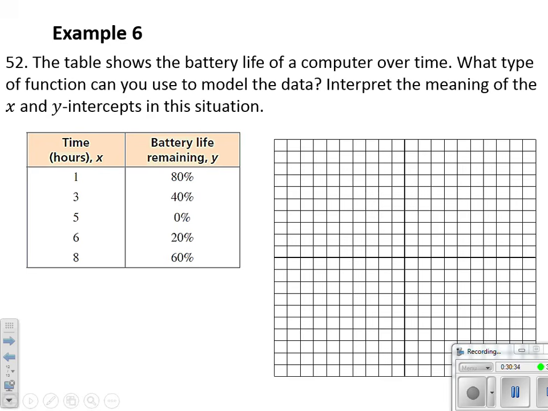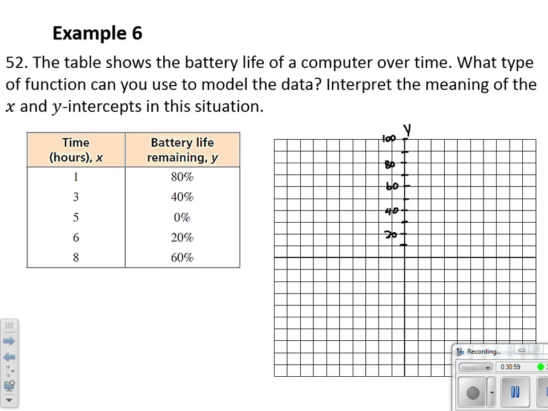All right, so let's set up our axes. I've got my y-axis that measures the battery life remaining, and it's going from, I see 80% and 0% down there. So I'm going to count this up by tens. So we got 10, 20, 30, 40, 50, 60, 70, 80, 90, and then 100.